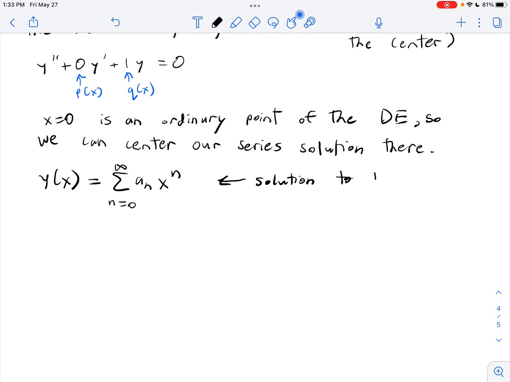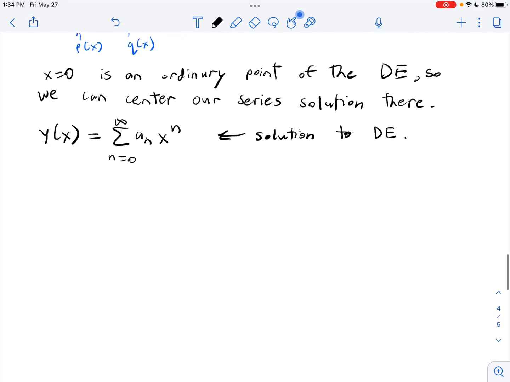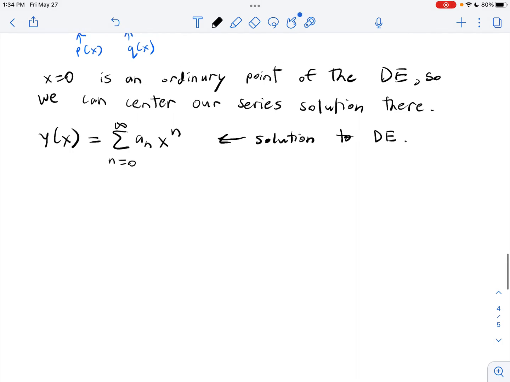Let me not call it star because I've already used star to mean something else in this lesson, so let's stick with this. Now remember, we are on sub-step 1, which said to plug the series into the differential equation. So how do we plug it in? Well, we're going to have to take 2 derivatives of it to plug it in, right? Now, the good news is that it's really easy to differentiate a power series. We just need to be careful, make sure that our indexing is correct, okay?